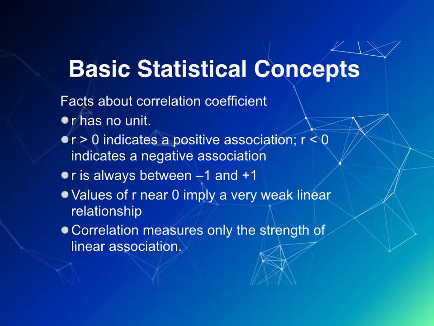An R that's greater than 0 indicates a positive association. An R that's less than 0 indicates a negative association. And remember, I mentioned this a couple of lectures back, values near 0 imply a very weak linear relationship. Key thing to remember here.